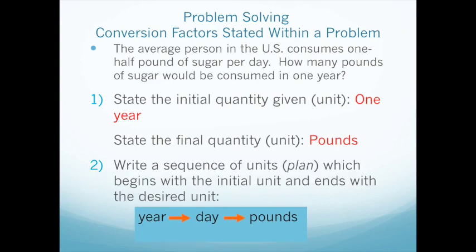So then you find the sequence of how you want to go about a pathway from the initial to the final unit. So the common factor in this case is the day. So you have a rate of 1/2 pound of sugar per day, and you know that a year contains an exact number of days. And so you can go from years to days and then from days to pounds.